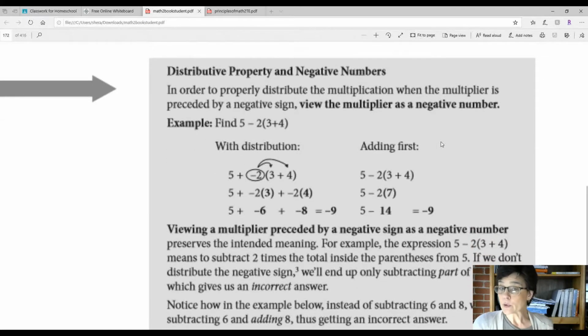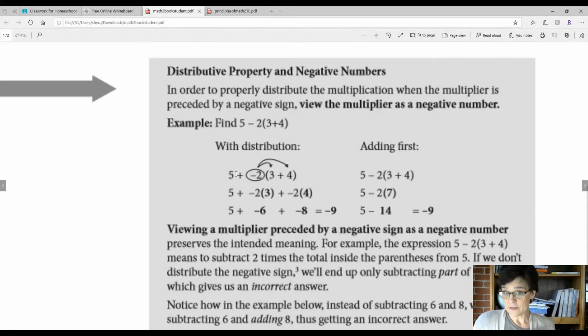So in order to properly distribute the multiplication when the multiplier is preceded by a negative sign, view the multiplier as a negative number. Okay, here we have 5 minus 2 times 3 plus 4. If you added it first, obviously you do what's in parentheses first, we'll come up with negative 9.